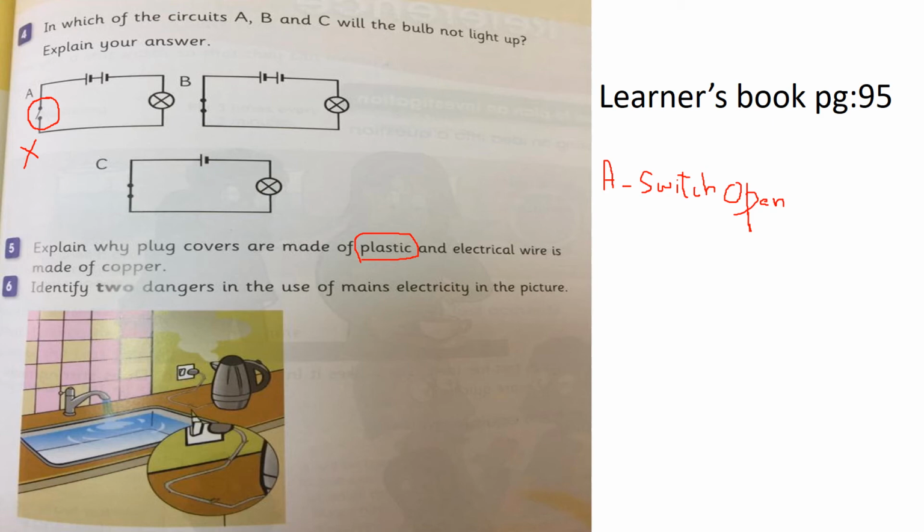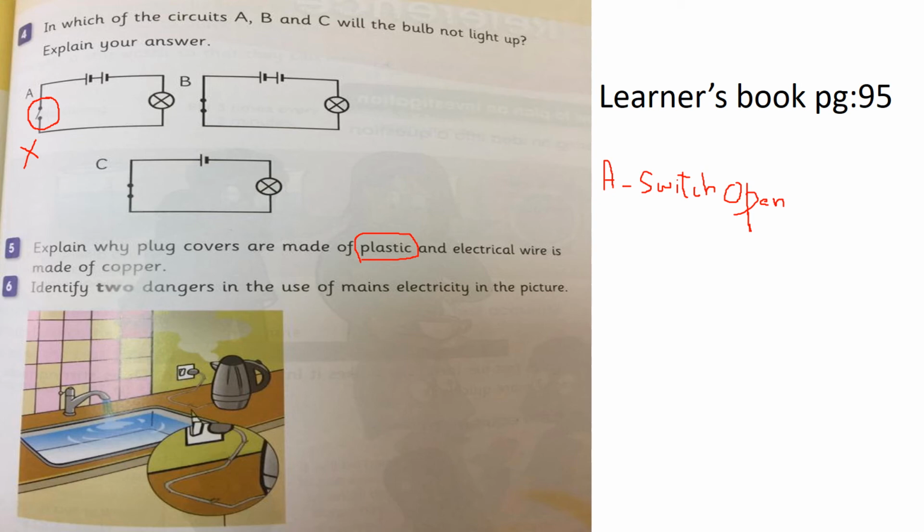Now, identify the 2 dangers in the use of the main electricity in the picture. Main electricity means which you find from your sockets, the house switch sockets in your houses, and you experience that all the time. You use your appliances there.